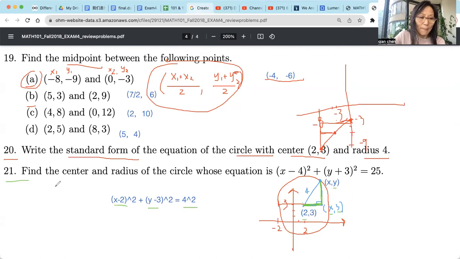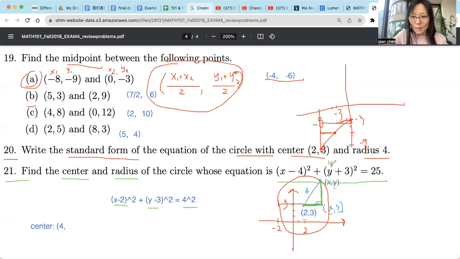Now with question 21, we want to identify the center and the radius of the given equation of this circle. So let's write down the center. The center is x minus the value, which is 4. We have y plus 3. Y plus 3 comes from y minus -3, right?